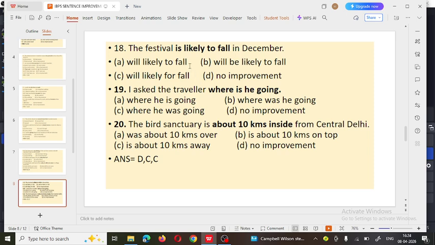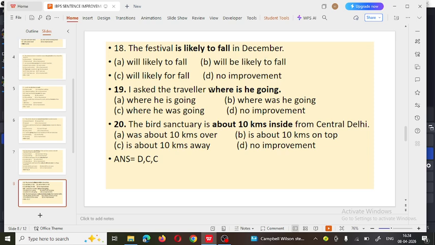We use will in the future tense. As the sentence is in the simple present tense, the festival is likely to fall in December, and no improvement is needed in the sentence.